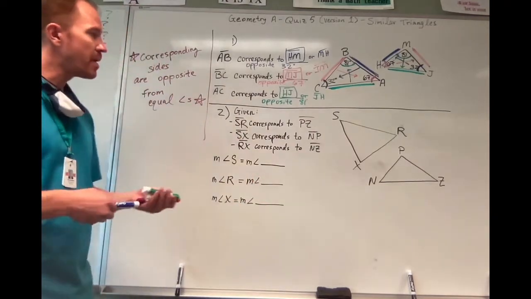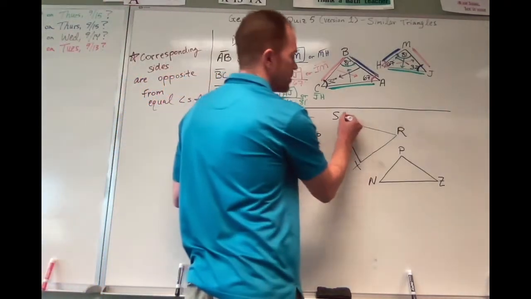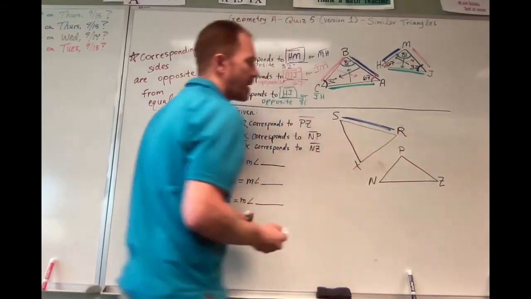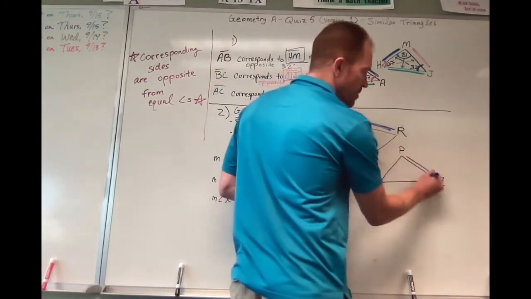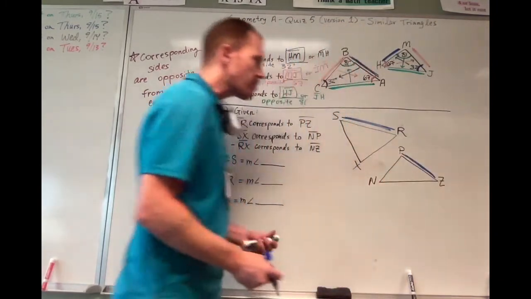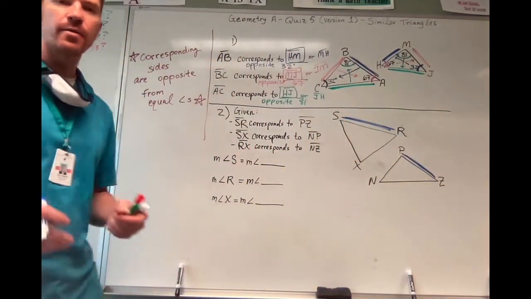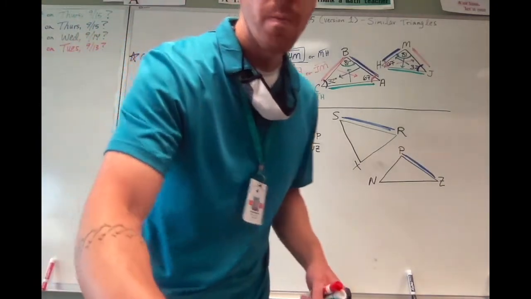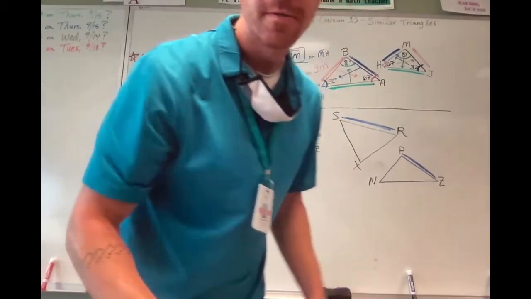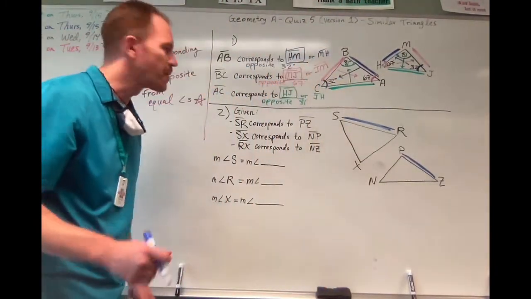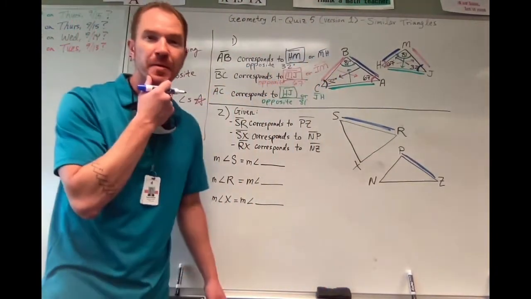Knowing that SR, I'll do that in blue, corresponds to side PZ, there's side PZ, I can talk about the angles from which they're opposite. Whoops, I might be having technical difficulties. My computer just went to sleep.